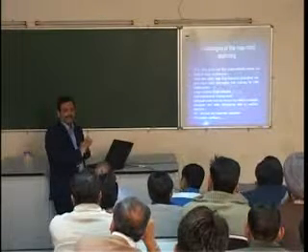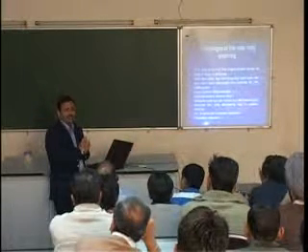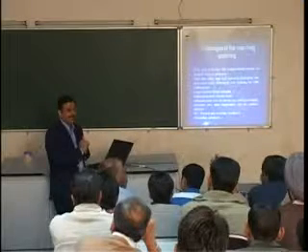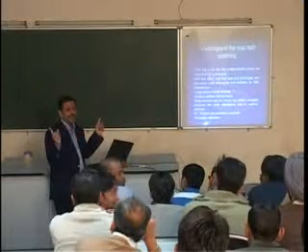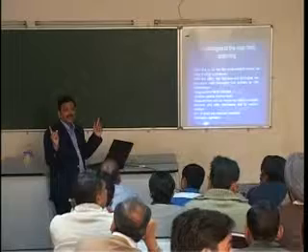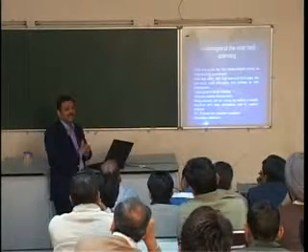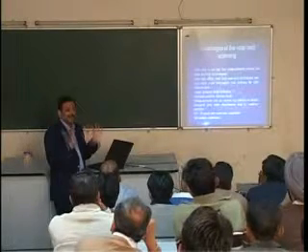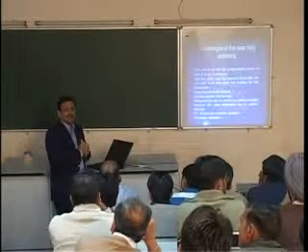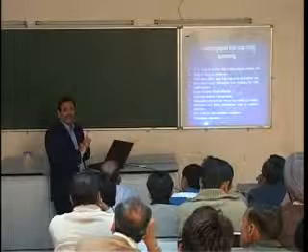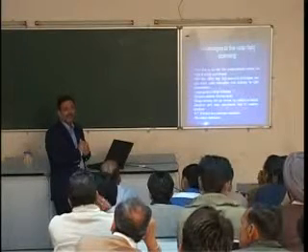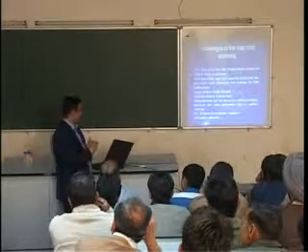BEL Ghaziabad has one test range in Sonipat district, I think somewhere in Haryana, where they have two towers on two hills with a very big valley between them. They keep it there because it is free from all types of interference. One can test even an 8 meter or 9 meter antenna mounted on the test range.